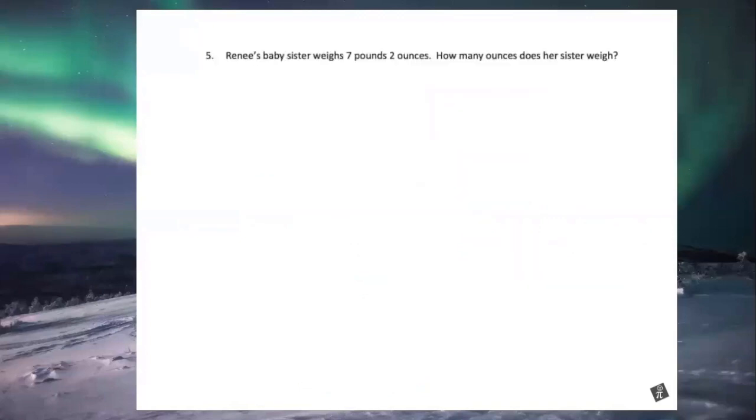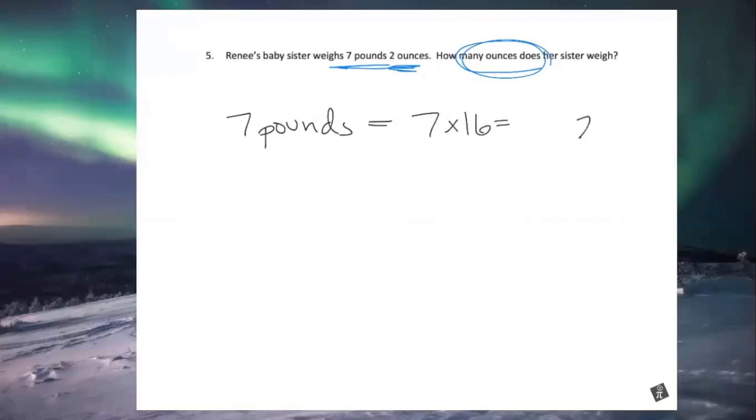So here it says Renee's baby sister weighs 7 pounds 2 ounces. How many ounces does her sister weigh? So we've just in the previous slide learned that to turn pounds, 7 pounds, into ounces, you're going to do 7 times 16, which equals 112 ounces.